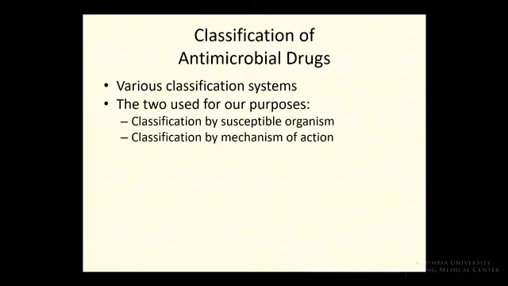One classification scheme is by susceptible organism. Okay? What groups of organisms are susceptible to what antibiotics? The other classification scheme is based on mechanism of action of the drug. So I'm going to show you what both classifications look like.